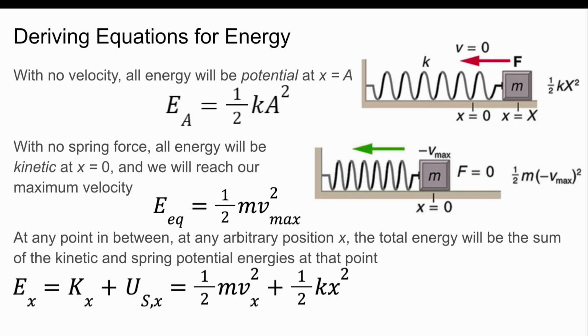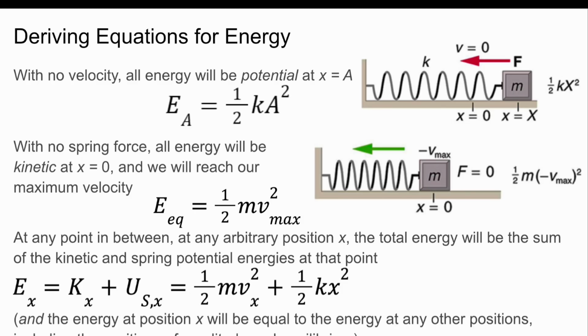Broken down, that's 1/2 times our mass times our velocity at position x squared, plus 1/2 times the spring constant times the displacement at position x squared. Those two together should equal our total mechanical energy at that point.